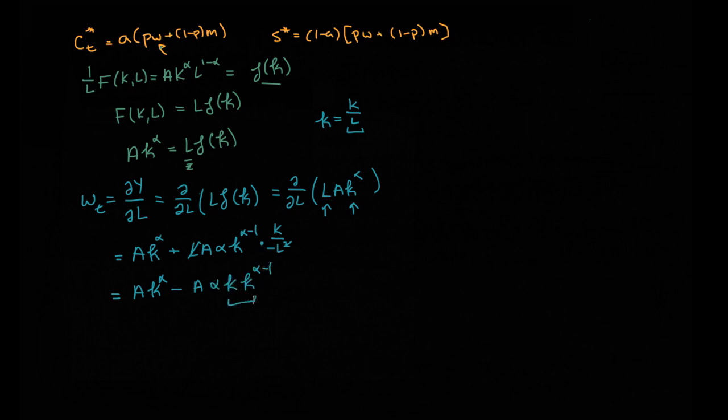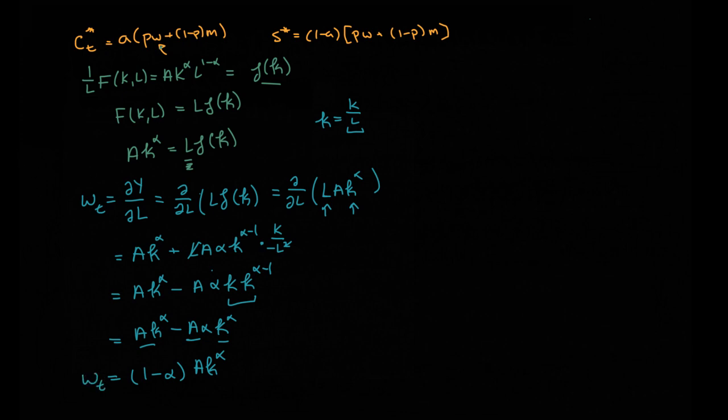Obviously these go together, so we can factor out A k alpha from both. We will get 1 minus alpha times A k alpha as our final answer for the wage.